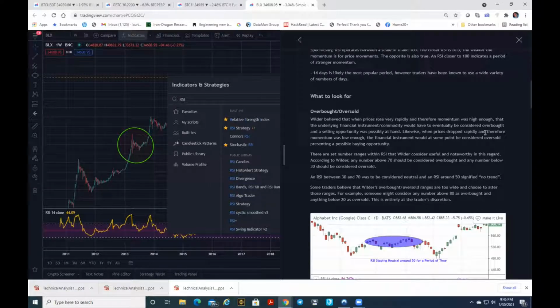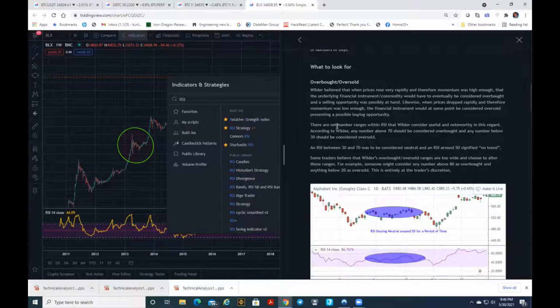Likewise, when prices dropped rapidly, and therefore momentum was low enough, the financial instrument would at some point be considered oversold, presenting a possible buying opportunity. There are set number ranges within the RSI Wilder considered useful and noteworthy in this regard. According to Wilder, any number above 70 should be considered overbought, and any number below 30 should be considered oversold.